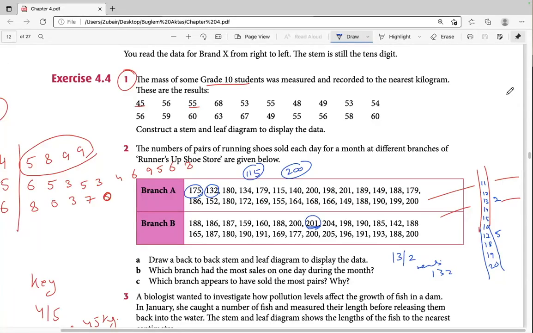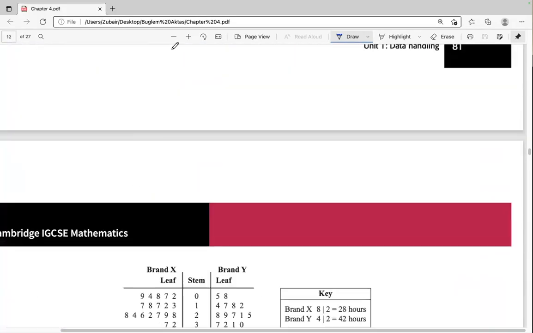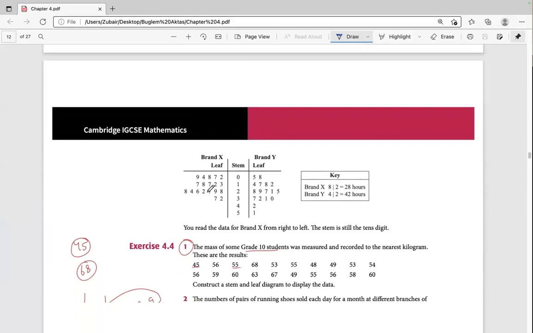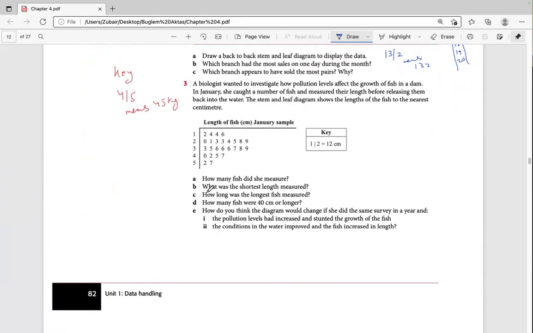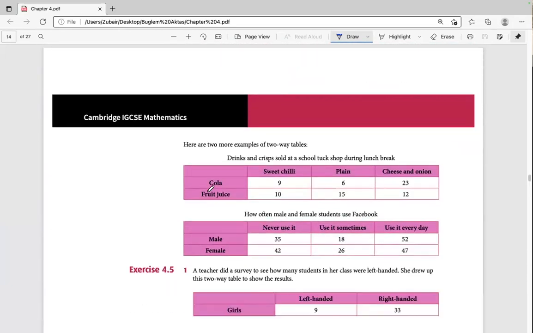I will share one question from stem and leaf and maximum 2 questions from this topic so that you're able to complete it before the next class. Okay.